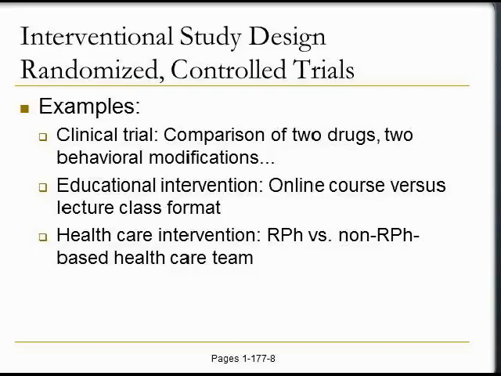We could do the same for this live course versus the recorded version that's going to be available at some point, in order to draw conclusions about how effective learning was. There are healthcare interventions, such as pharmacist-based teams versus non-pharmacist-based teams, looking at patient outcomes, which would be another example of randomized controlled trials.